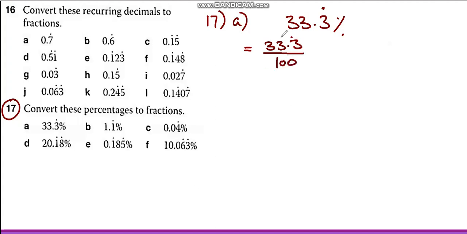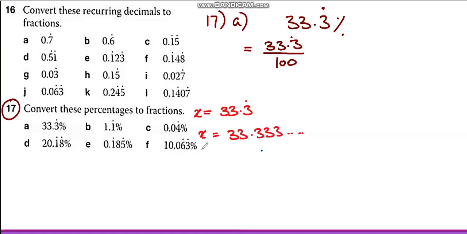To further solve, we will need to convert this recurring decimal into a fraction. We will do it separately: 33.3, and we will suppose that it equals x, and we can also rewrite it as 33.333, and this 3 is being repeated.